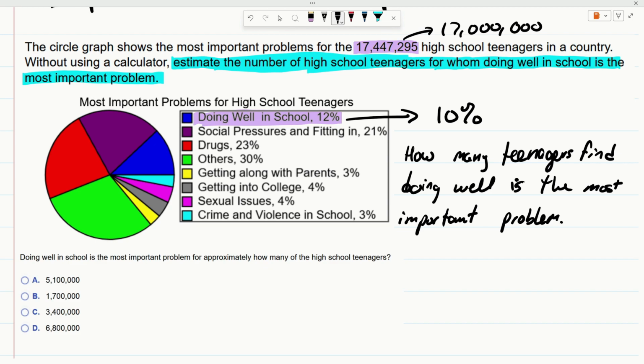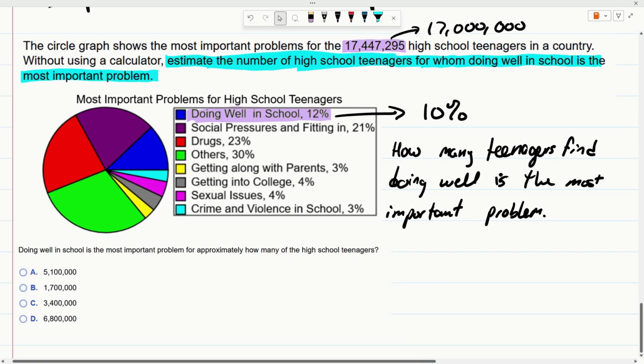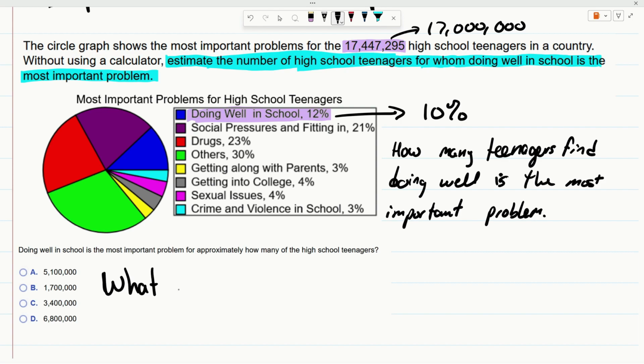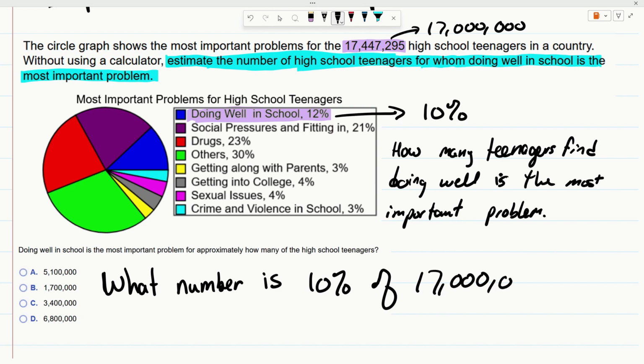All right. Now, mathematically, here's what we're really trying to ask. We're asking this question right here. What number is 10% of 17 million?